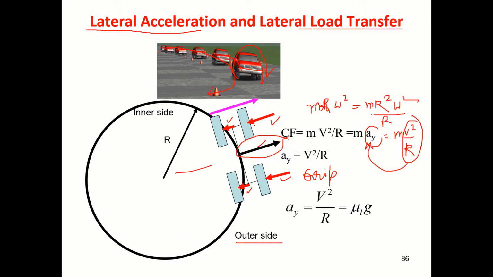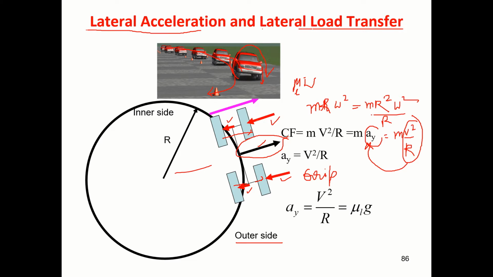Also observe here, when it is taking a turn, the load gets transferred from inner to outer side. That's why the grip force, which is equal to mu W, where W is the load on these wheels.